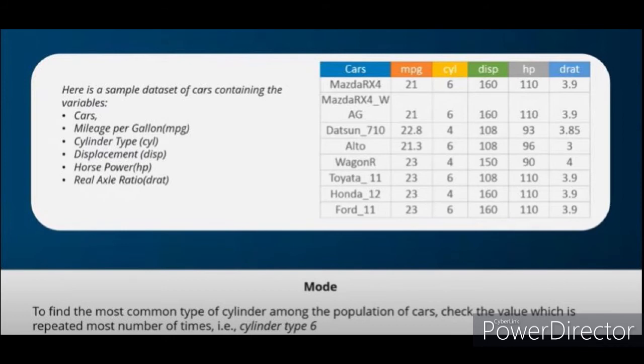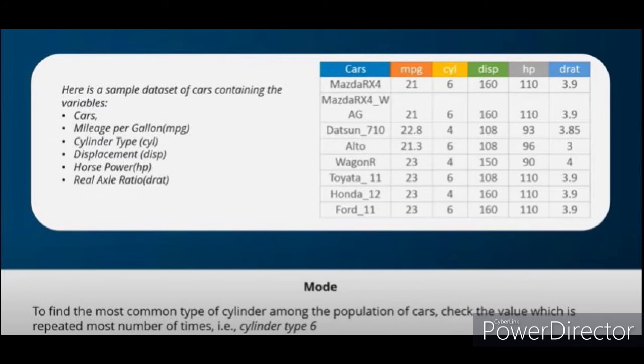You can see that the most recurring value is 6. We have 3 4-type cylinders and 5 6-type cylinders. Alright. The mode is going to be 6, as 6 is more recurrent than 4.